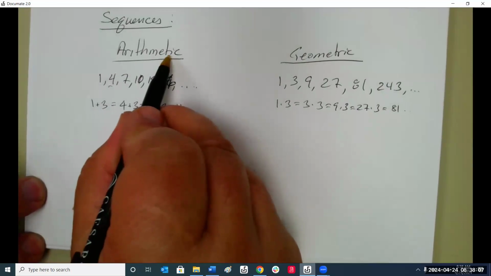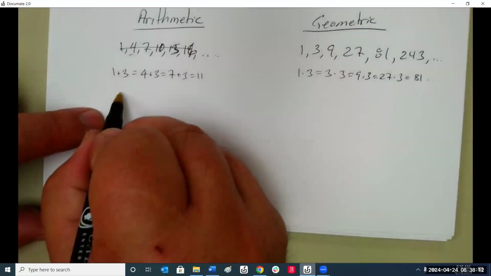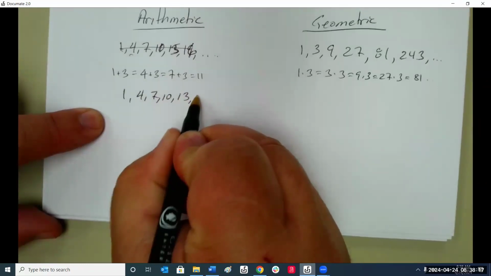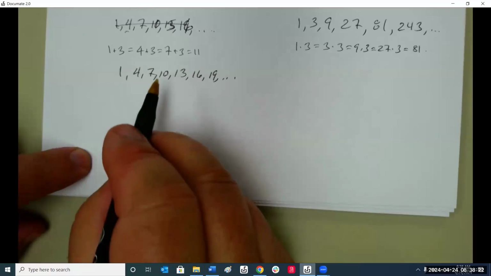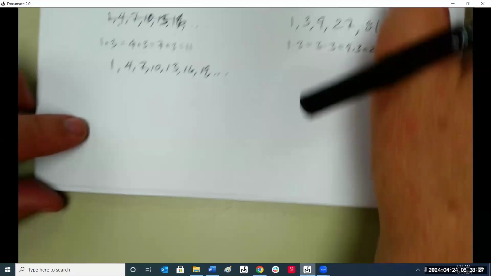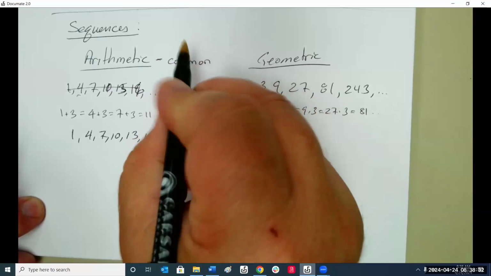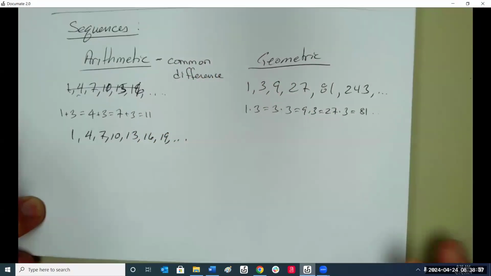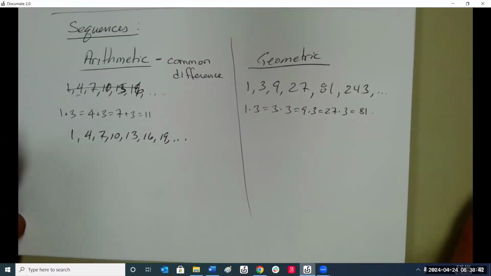So arithmetic sequences have what's called a common difference. What does difference mean in mathematics?